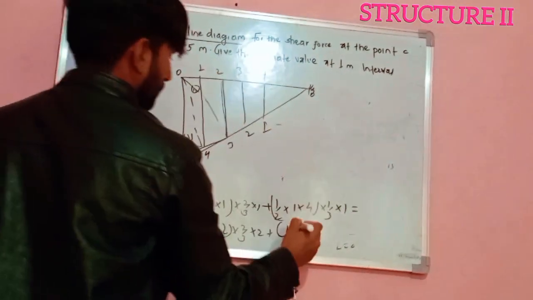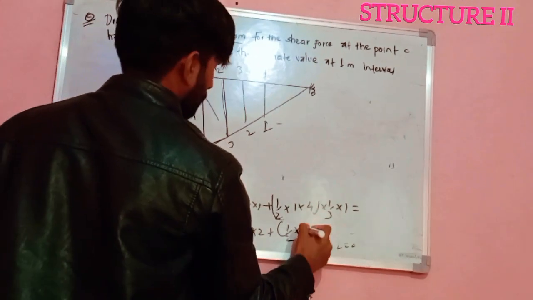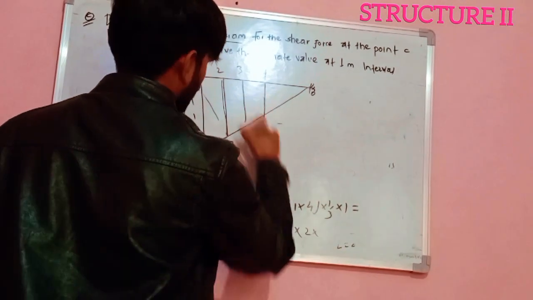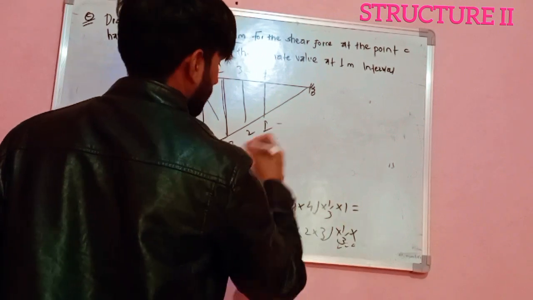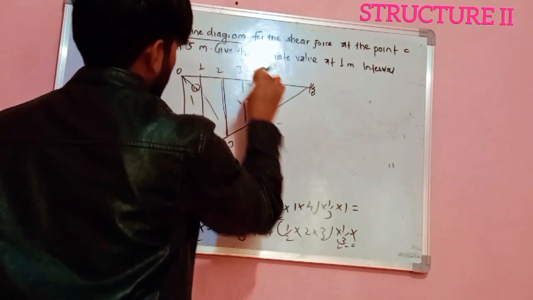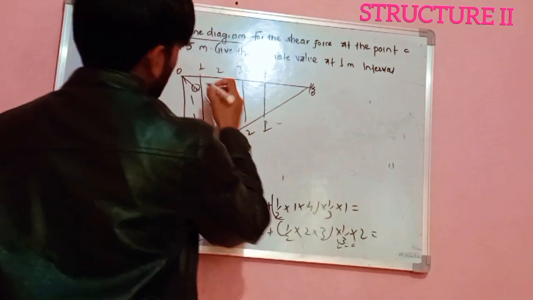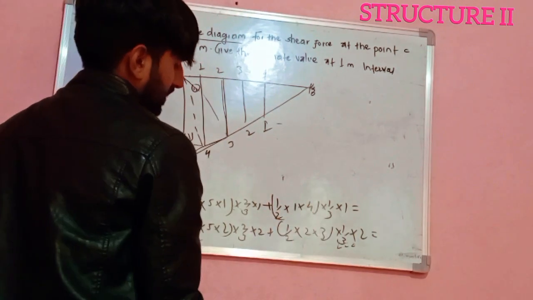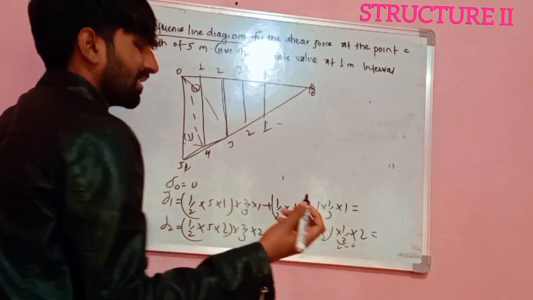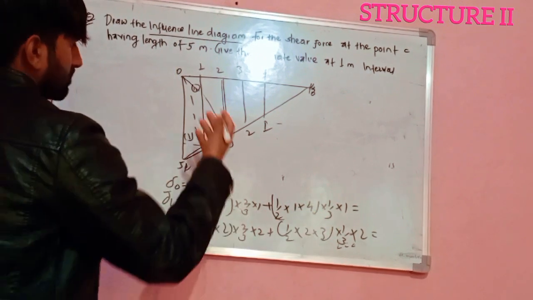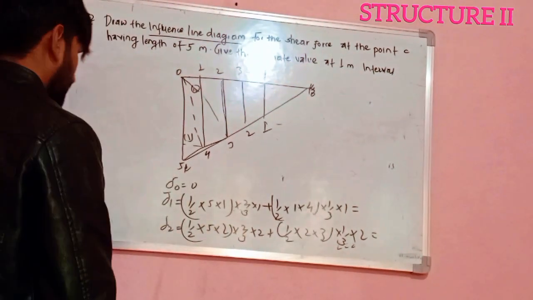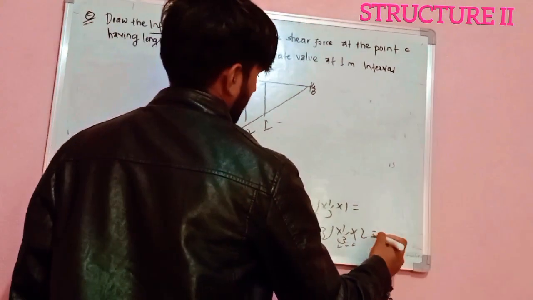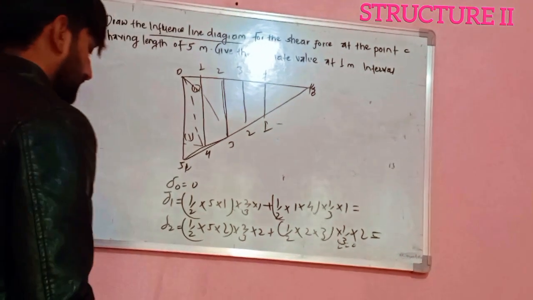For a proper triangle, 1 by 2, base is 2, height is 3, and this is 1/3 of this 2. You can take height and breadth as anything, because since it is multiplication, you get the same answer. So it does not matter, don't get it wrong.